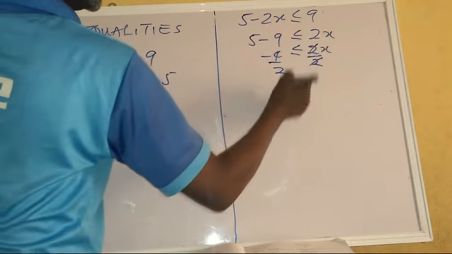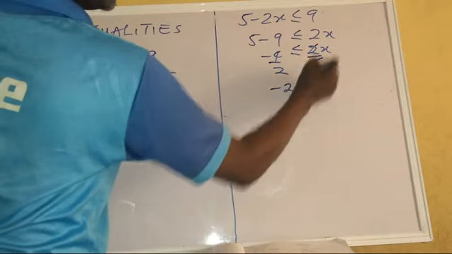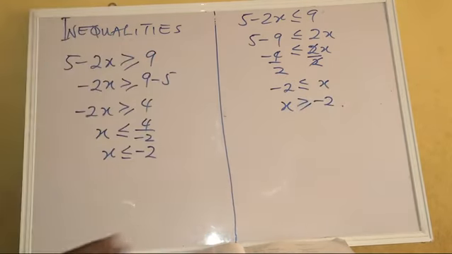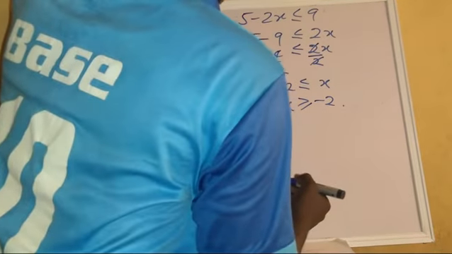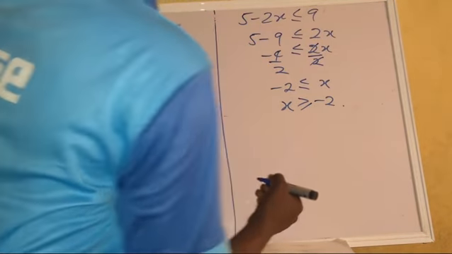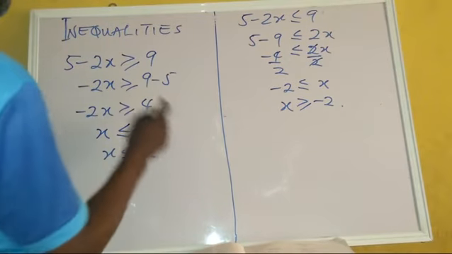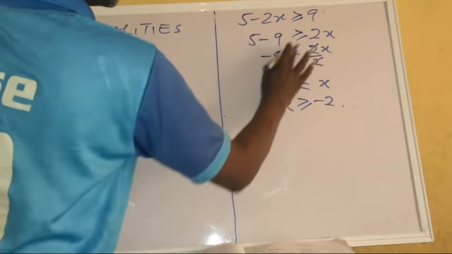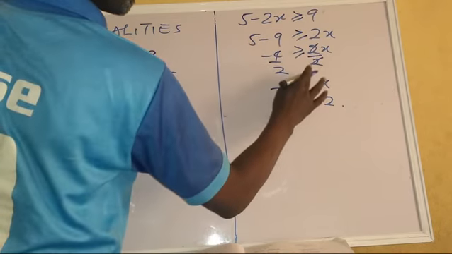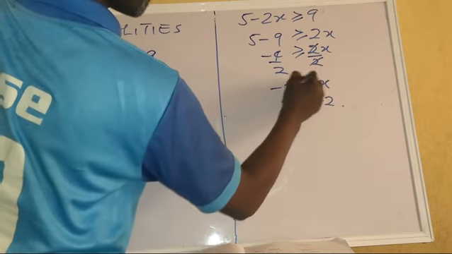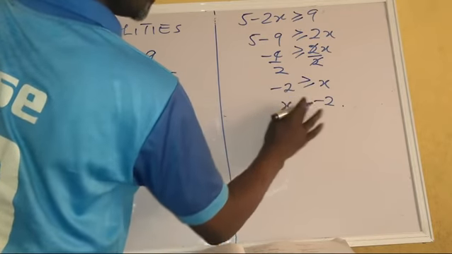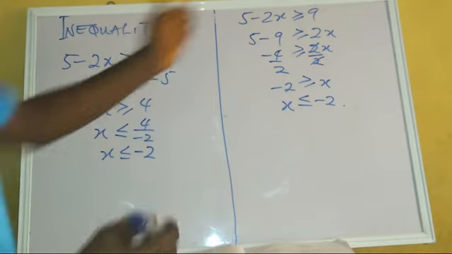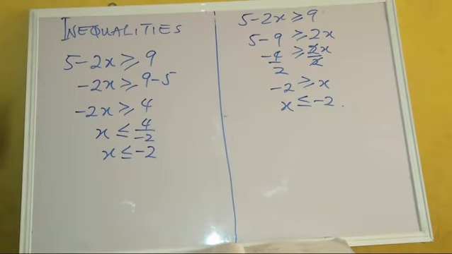Then negative 2 greater than or equal to x, meaning that x is less than or equal to negative 2. Sorry for the mix-up in the sign. So that's how you can avoid the issue of dividing by negative under inequality.